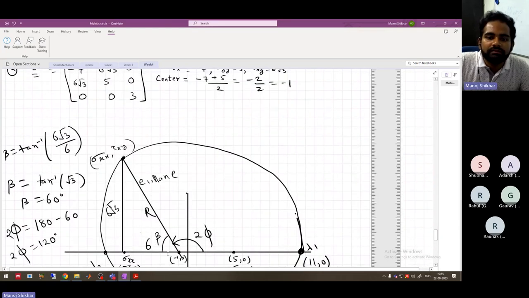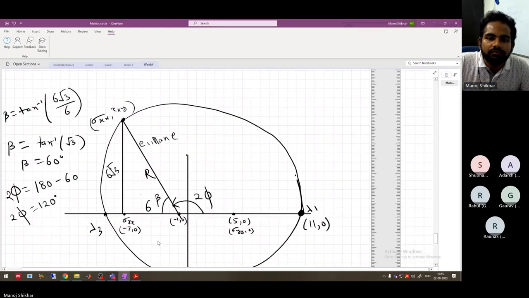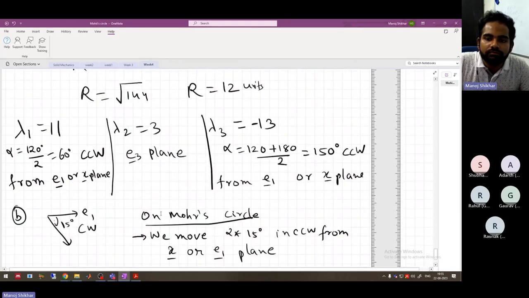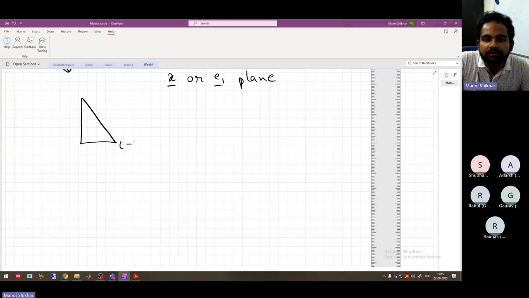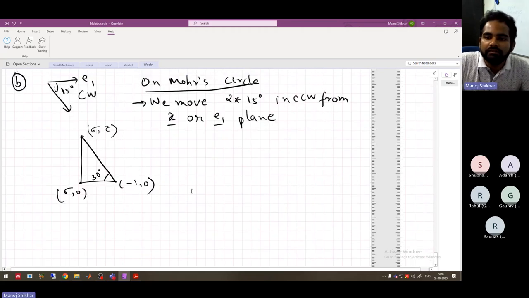So if we move 30 degrees, the triangle we will have is: we have this -1, 0, this is sigma, tau, and this angle is 30 degrees. Why is it 30 degrees?